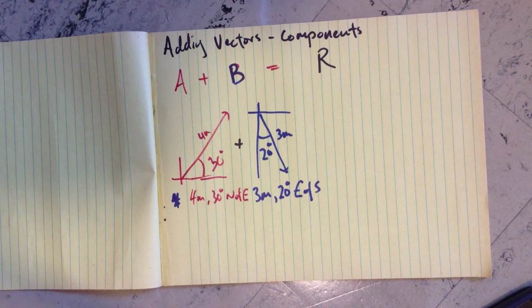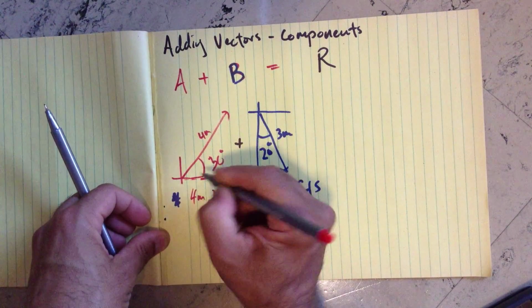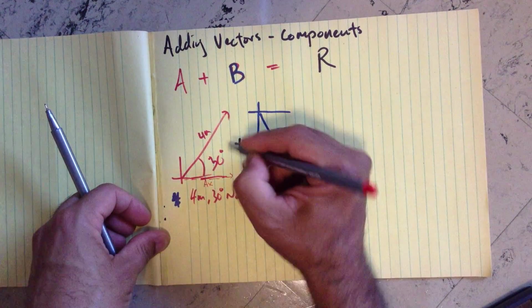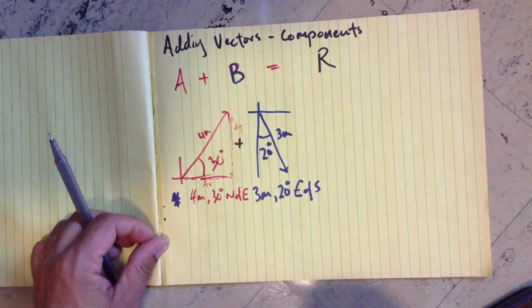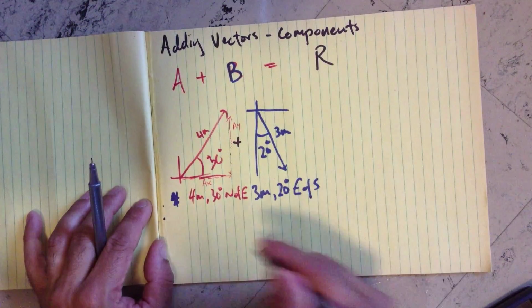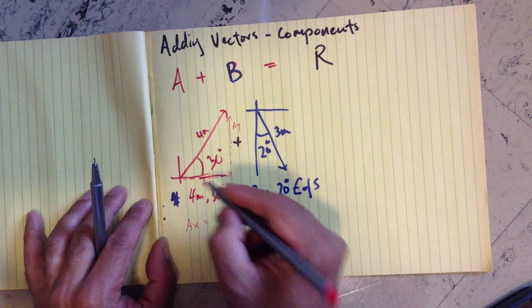So when we add vectors by components, we first have to break them into x and y pieces, right? So here we have ax, and here we have ay. So ax is going to be to the right.